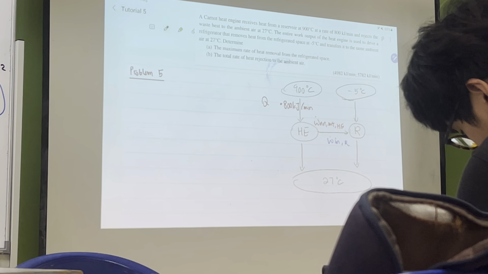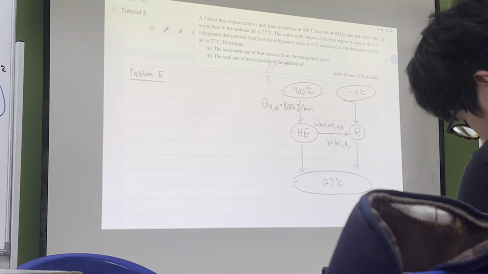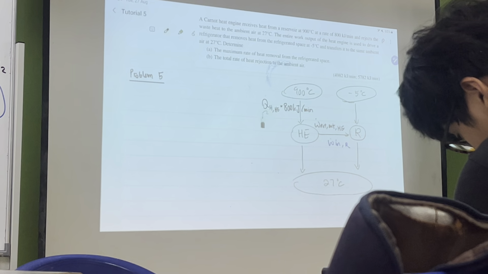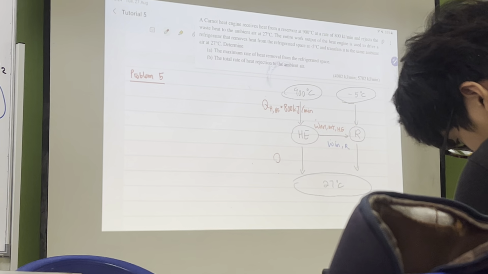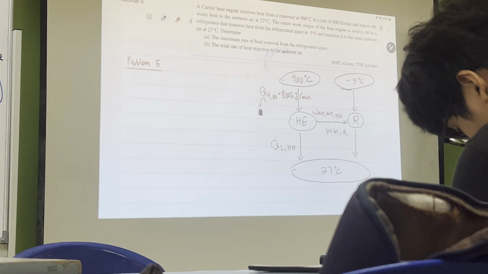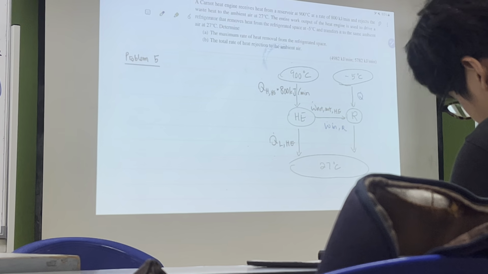Let's say this is for the heat engine, the other one is for the refrigerator. So technically speaking you also have a heat engine here. And here this is QL.